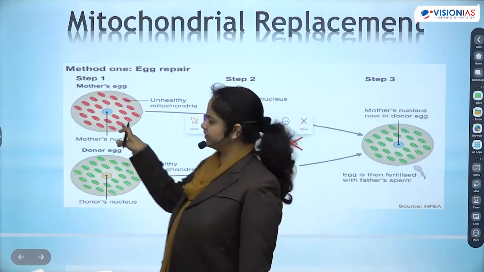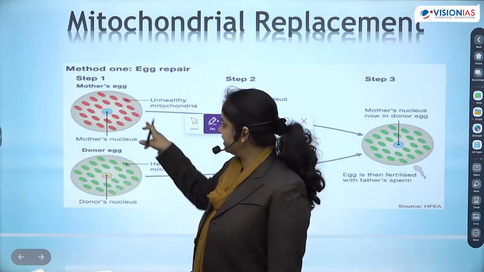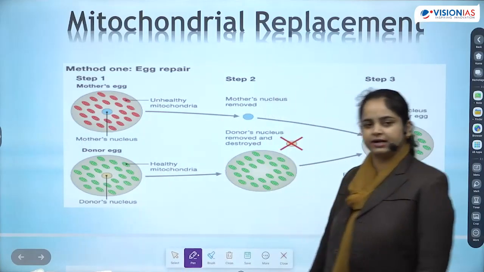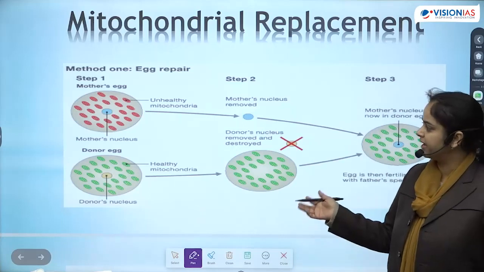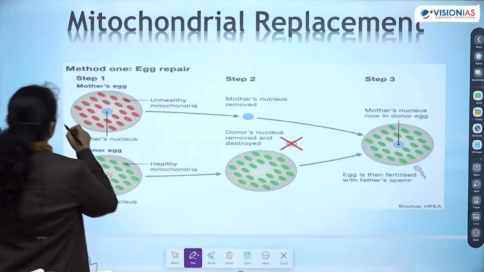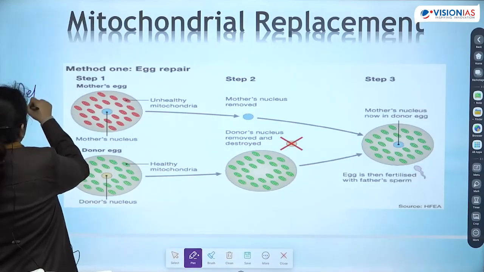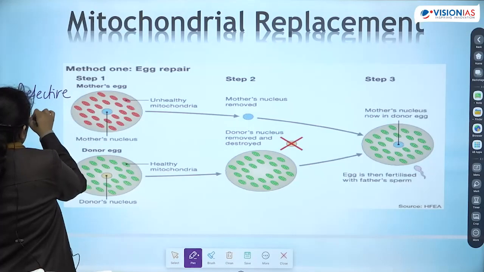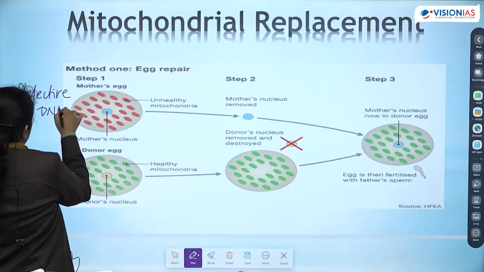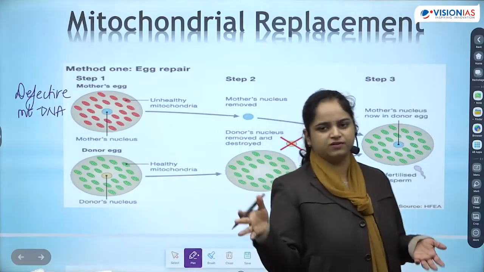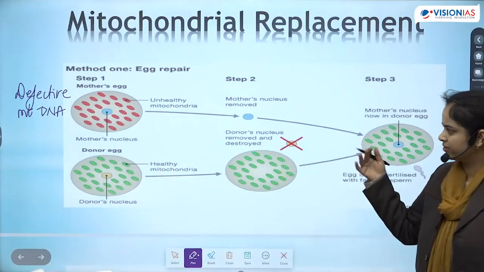This is our starting point. This is the egg of the mother who is going to have a child, but her eggs have unhealthy mitochondria, or what we can say, defective mitochondrial DNA. So you can write this in the form of a flowchart. All the steps here.